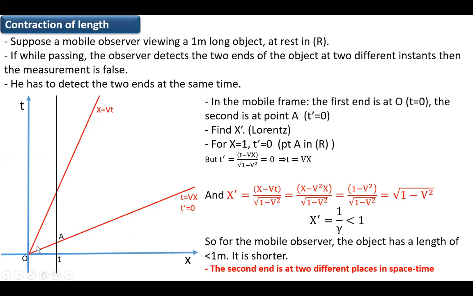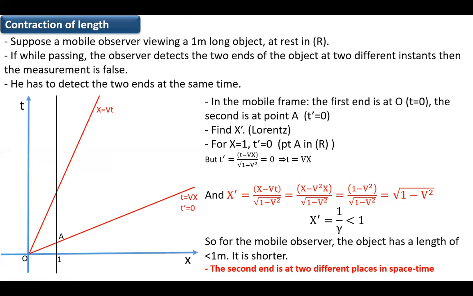So for the mobile frame, you have an observer moving at a speed v. He needs to measure the length of this 1 meter object. So he needs to detect the two ends of the object and to calculate the length.